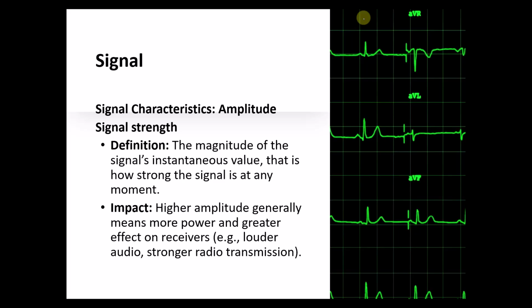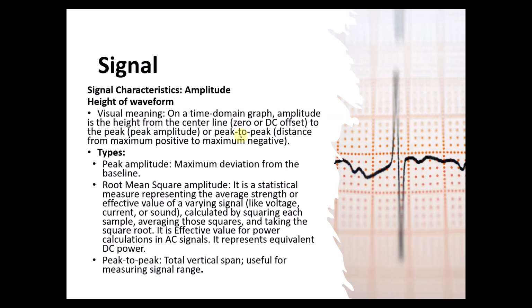So we have looked at the definition, and we have looked at the impact, saying that the higher the amplitude, the more power or the greater the strength of the signal. We have also explained that amplitude is represented by the height of the signal. Types of amplitude: we have the peak amplitude, the root mean squared amplitude, and the peak to peak amplitude.